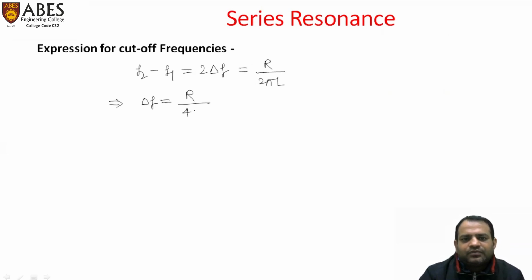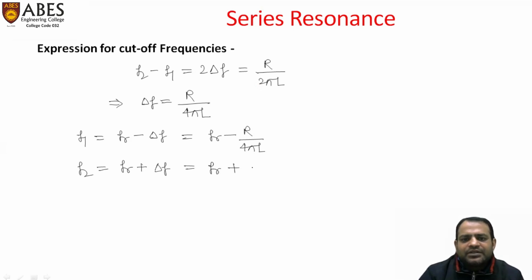R upon 4 pi L. Putting this in the F1 and F2 equations, F1 is Fr minus delta F, which is Fr minus R upon 4 pi L, and F2 is equal to Fr plus delta F, that is Fr plus R upon 4 pi L. So these are the cutoff frequencies F1 and F2.